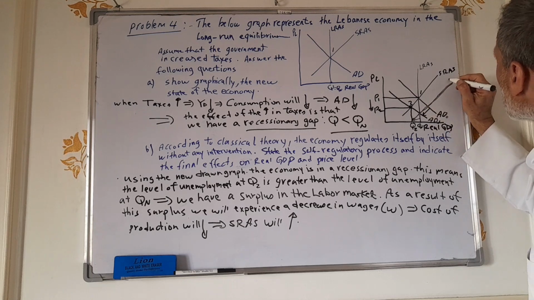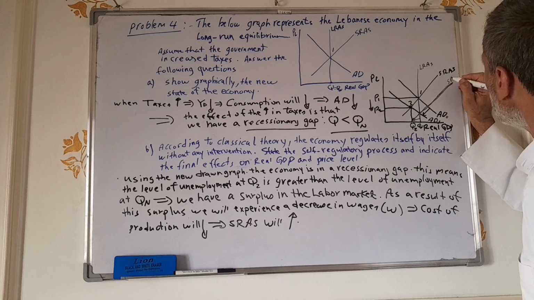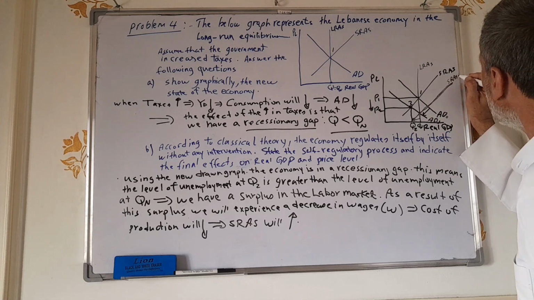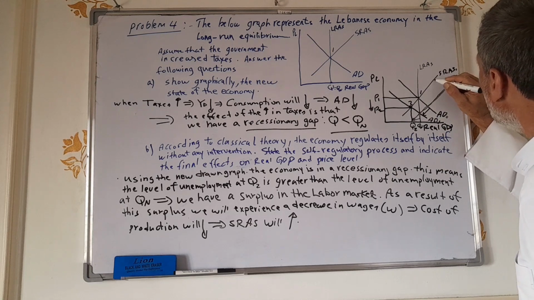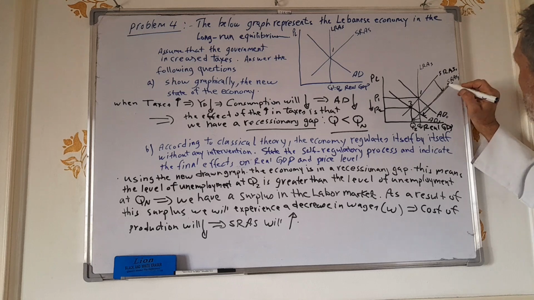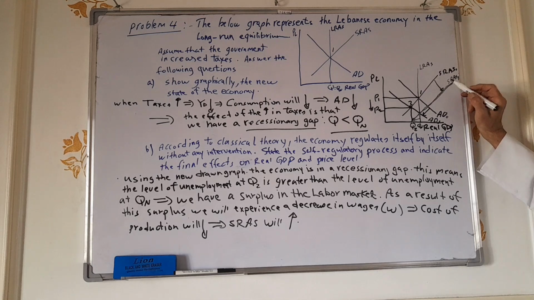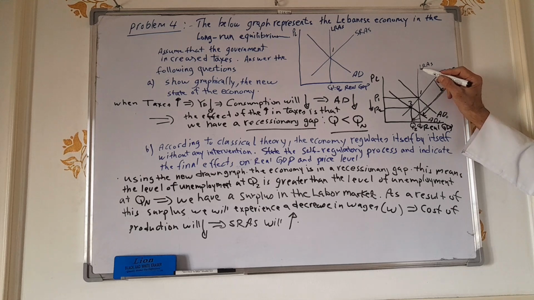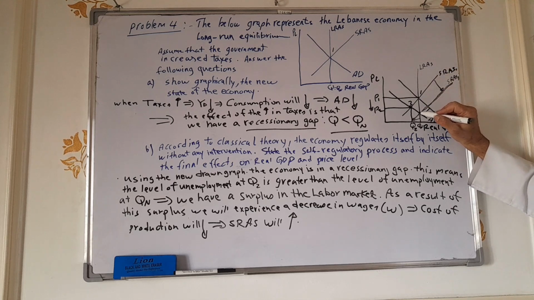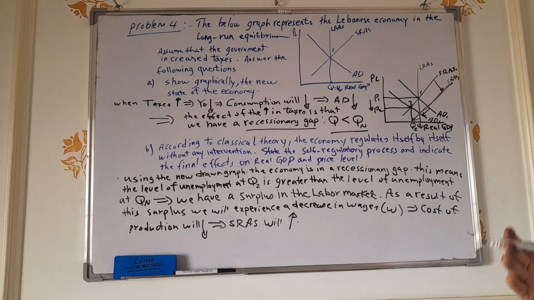This is short run, as you can see here. It will continue until it intersects the long run supply, because the classical economists believe that the economy eventually will go back to long run equilibrium.